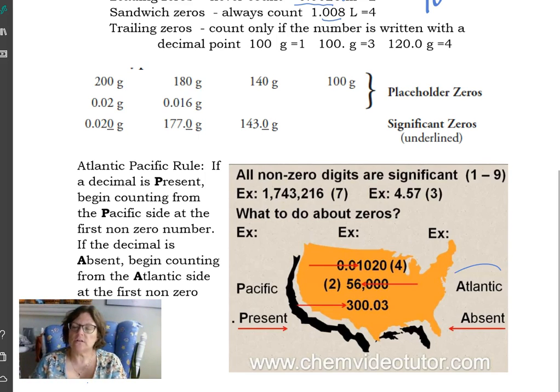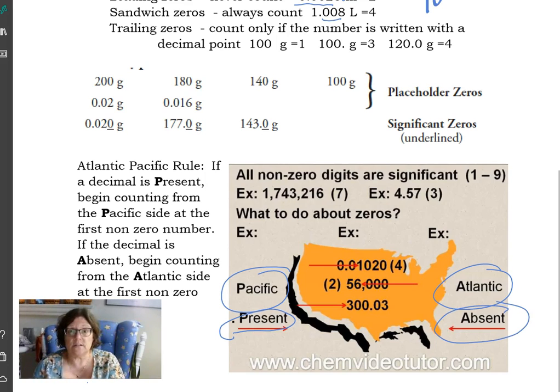The Atlantic Ocean is on the right-hand side. The Pacific Ocean is on the left-hand side. If a decimal is present, then we start counting from the Pacific side, so we count from the left. If the decimal is absent, we count from the Atlantic side.